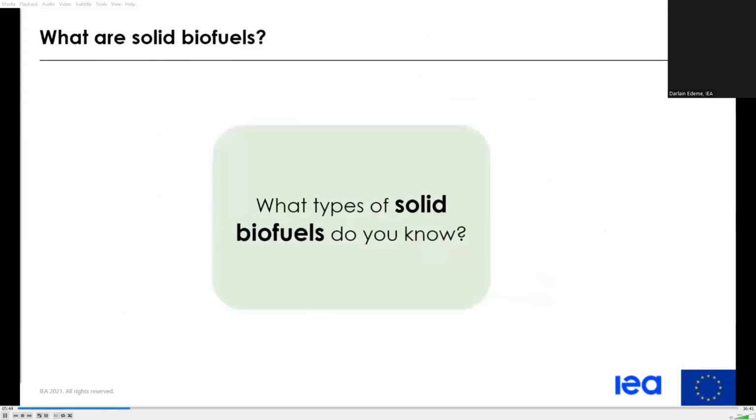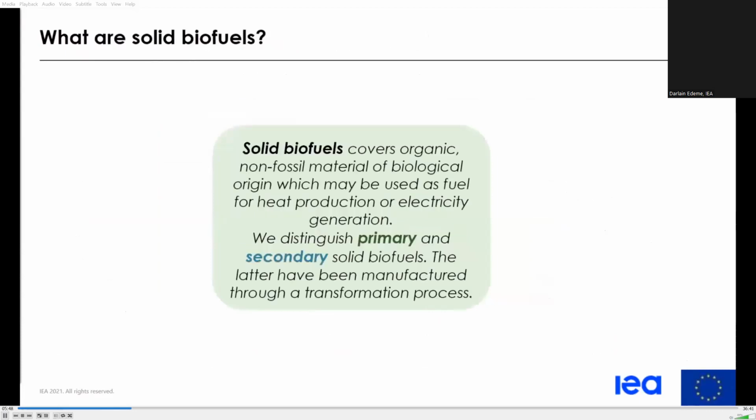Now, let us look more closely at what solid biofuels are. Solid biofuels cover organic, non-fossil material of biological origin. We can make a distinction between primary and secondary biofuels.